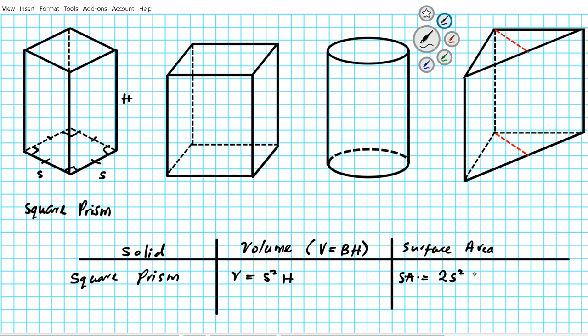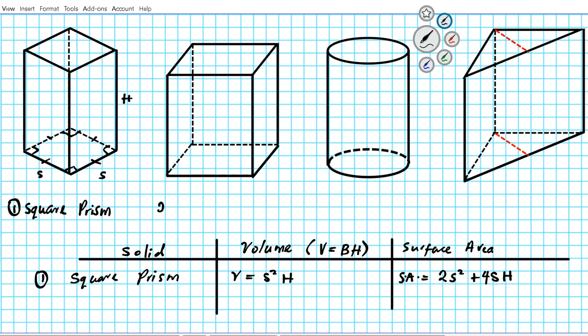And then, since the base is a square, the areas of the lateral sides, the front, back, left, and right, will all be the same. So we just find one of the faces. Let's say the front face is the side times the perpendicular height, and then multiply that by 4 to account for front, back, left, and right. Okay? Alright, so there goes the surface area of a square prism, which is figure number 1.